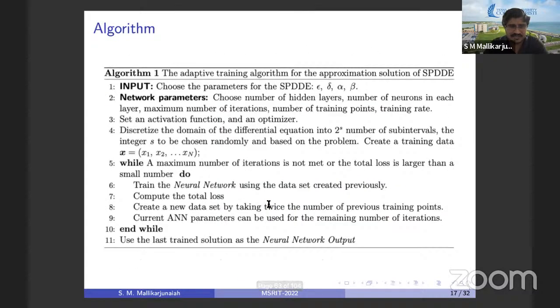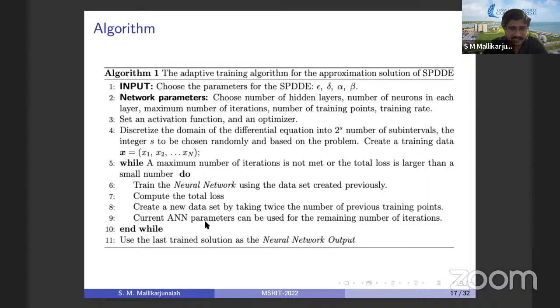You compute that, and then create a new data set taking twice the number of points you took previously. If you have taken 4 points, now take 8, now take 16, like that, until you satisfy the condition given in line number 5.